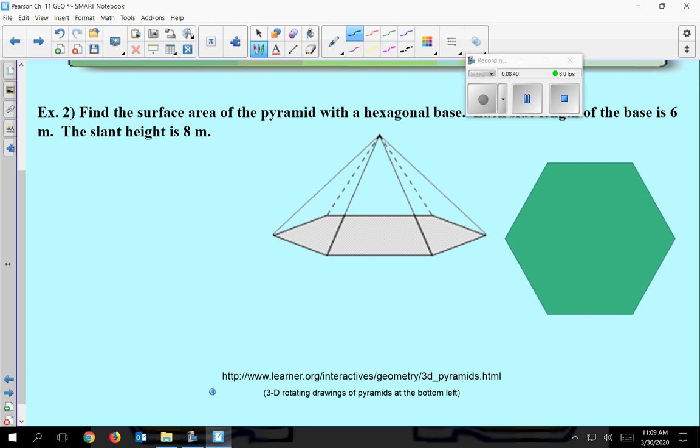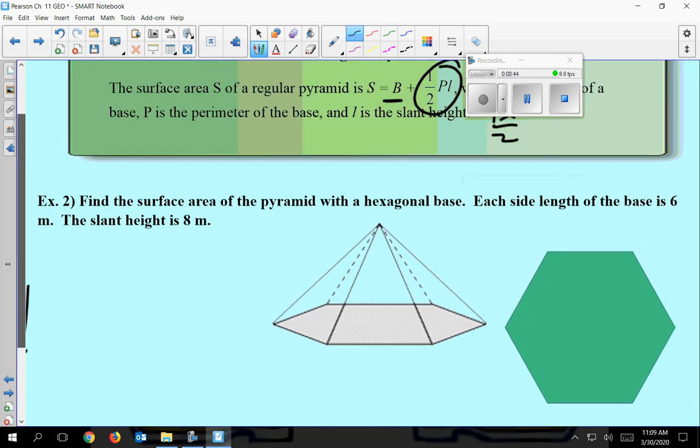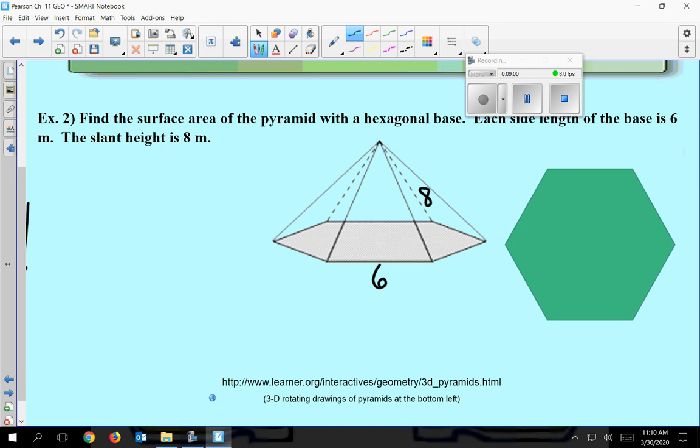They're giving me here that the side length for each side is 6. And I know that base doesn't look regular, but let's assume that it is. They also are giving me a slant height of 8, so that's kind of nice. They gave me something I had to find last time.